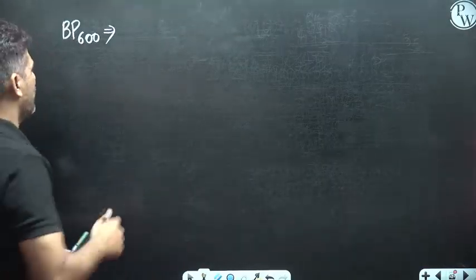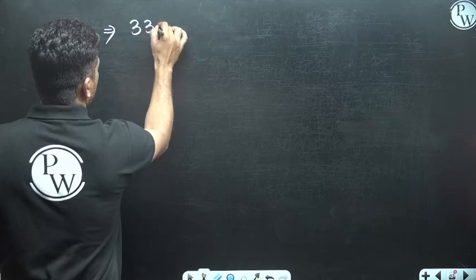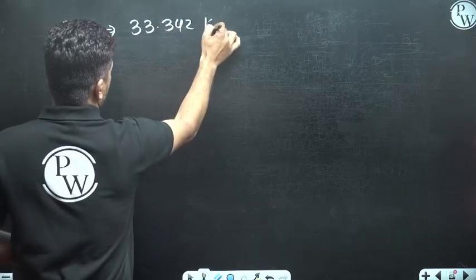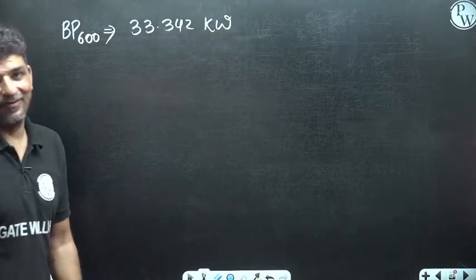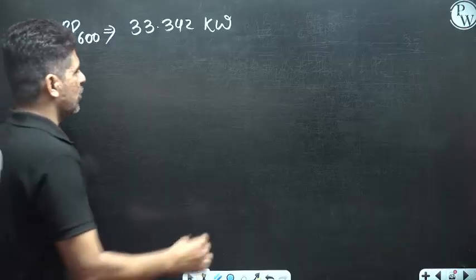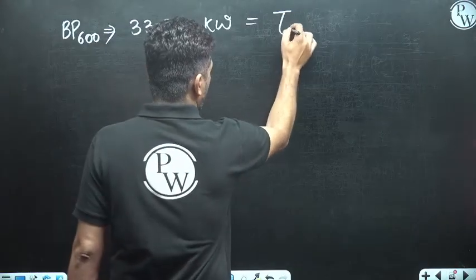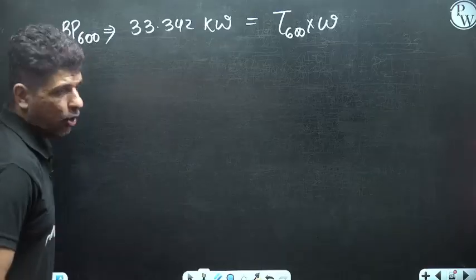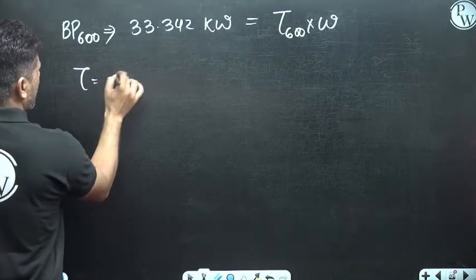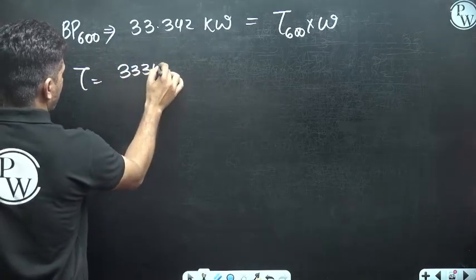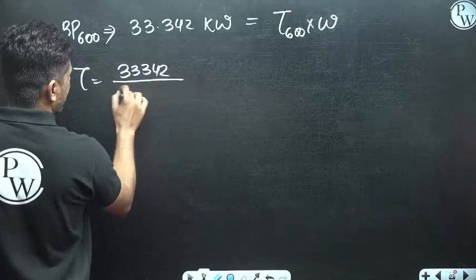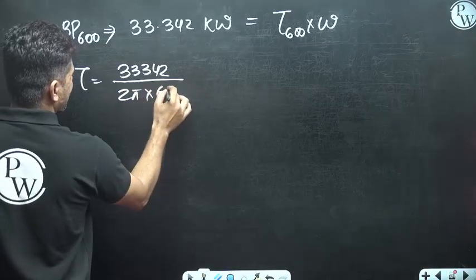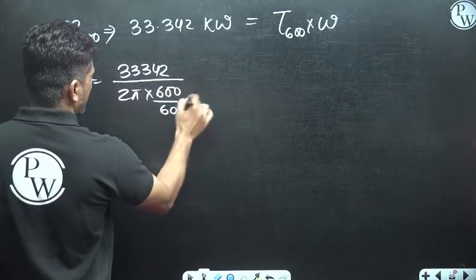So 33.342 kilowatt is your brake power, and this will be equal to torque at 600 multiplied by omega. So torque will be equal to 33342 divided by 2 pi multiplied by 600 divided by 60.